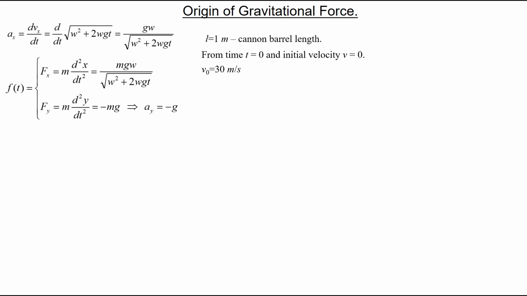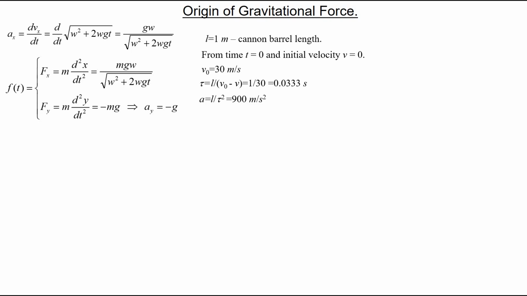The time spent in the cannon barrel is equal to... The internal acceleration of the projectile with mass m when it shoots out of the 1 meter long barrel is equal to 900 meters per second squared.